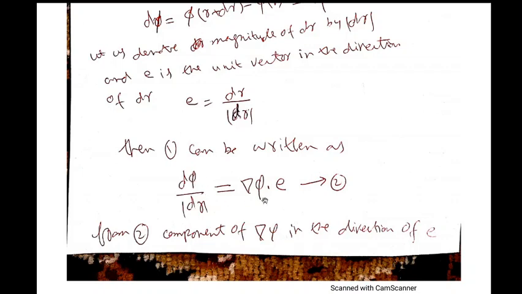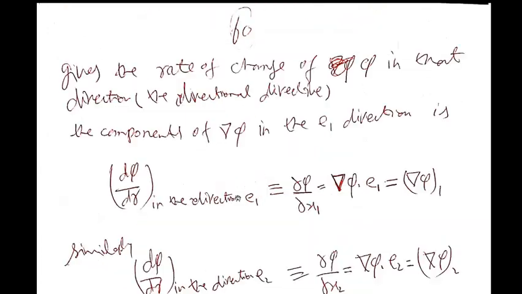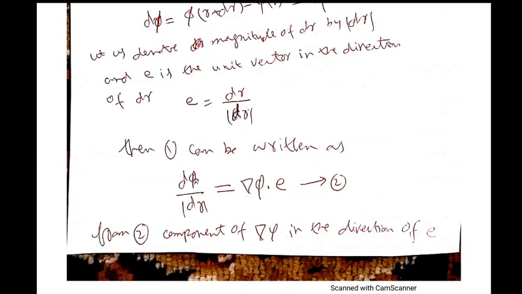This is basically the definition of directional derivative, the derivative of phi in the direction e. If you want to study the directional derivative, you can consult any book of calculus, from where you can get more material about directional derivative. So this is the rate of change of phi in direction e.